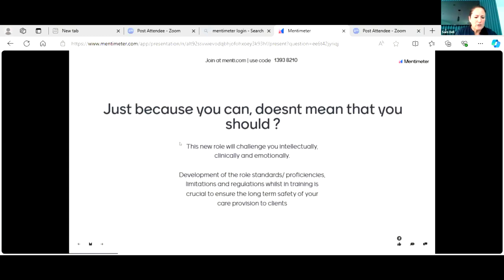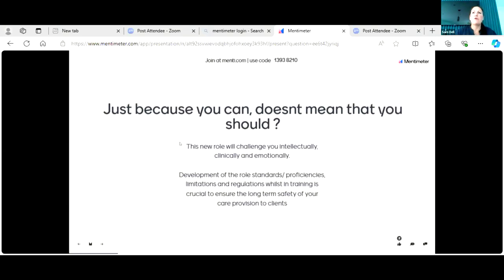Now, a critical task for health services is to protect those using the service from risk of harm and maintain public confidence in those who are delivering the care. Obviously, regulation of healthcare professionals has an important role to play in this.